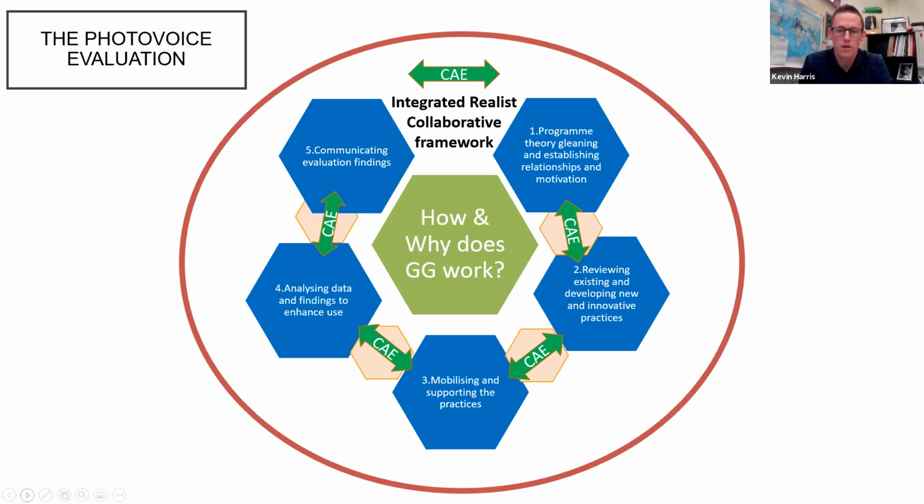Through photo voice, which is phase 3, and all of these sections, 1, 2, 3, 4 and 5, were supported by workshops that myself and Claire Russell, who's in the audience, attended. They were premised around the collaborative approaches to evaluation principles, where we were supporting the practitioners, Jack and Harvey, to be able to do this work.